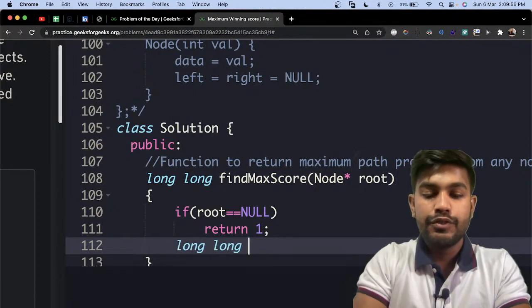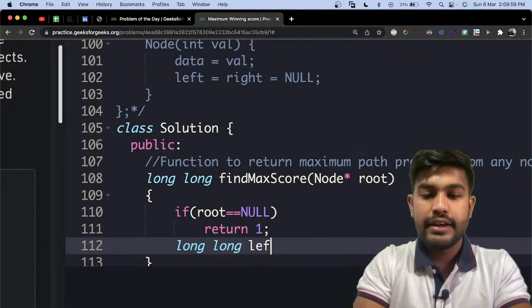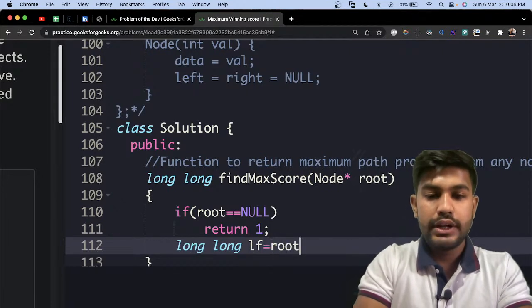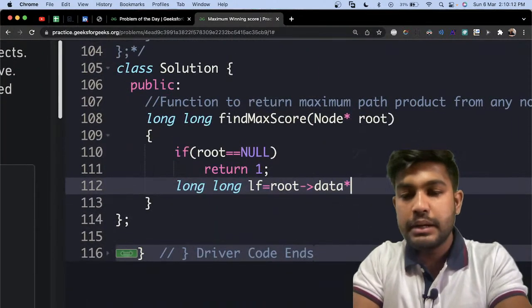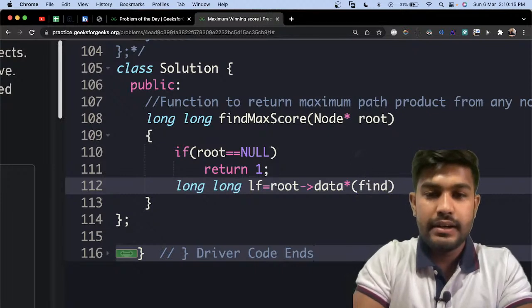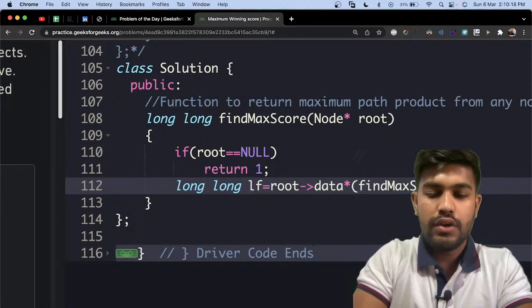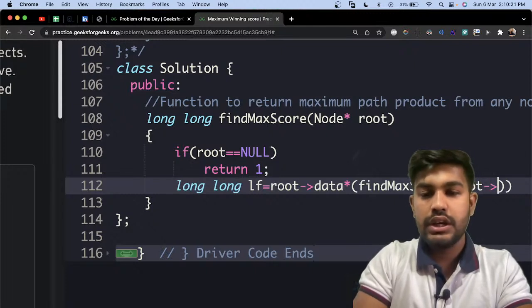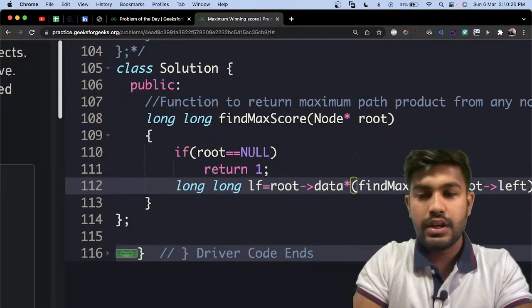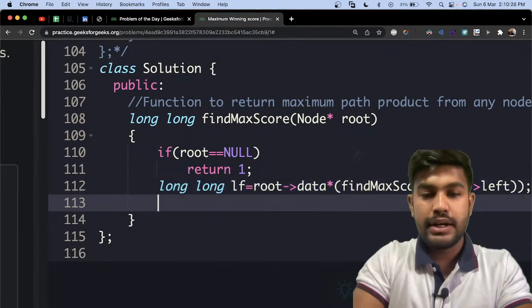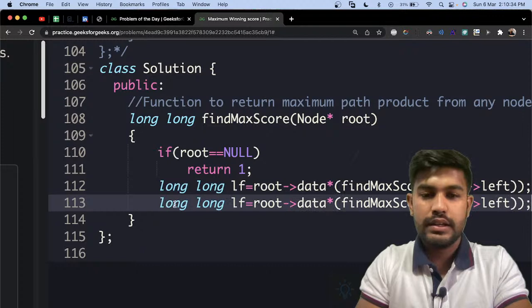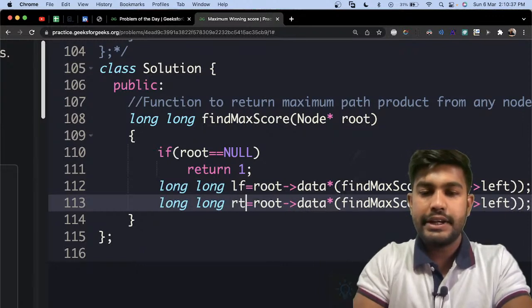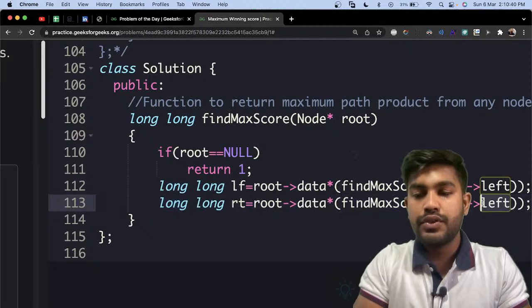So long v1, the left side, is equal to the current value, root.data, multiplied with the findMaxScore of root.left. We move to the left-hand side, then we come down and copy the same thing, and here we write RT, and on this side we move to the right-hand side.